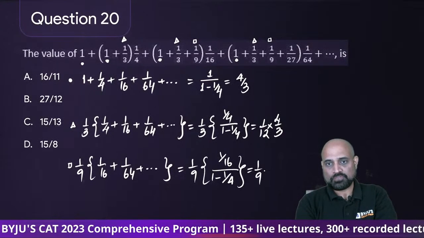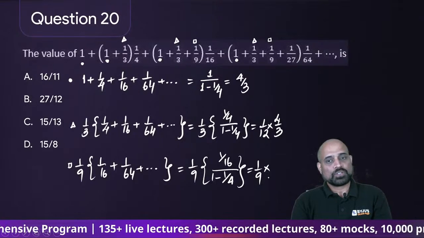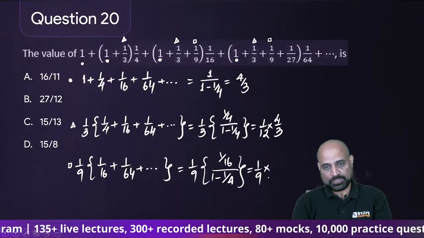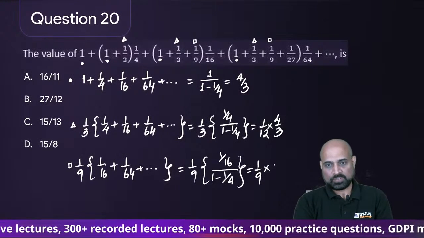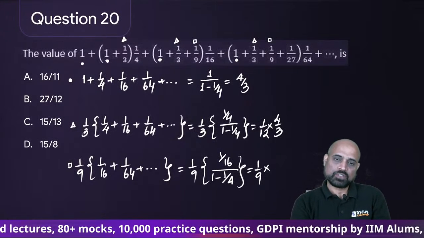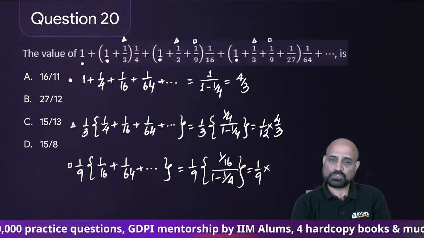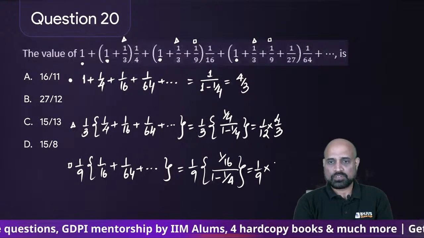So this will become 1 by 9 times 12. So this becomes 4 by 16 minus 4, 12, 1 by 12.